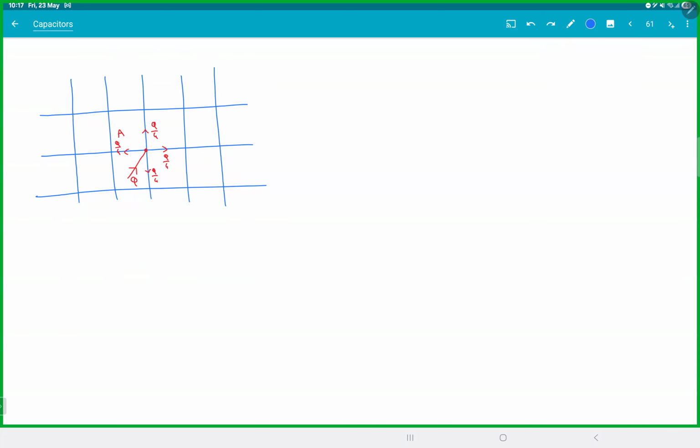These charges will keep on spreading till infinity, and the battery is connected at infinity, so charge will come back from there. So assume only A exists, and let charge Q go inside and go to infinity.